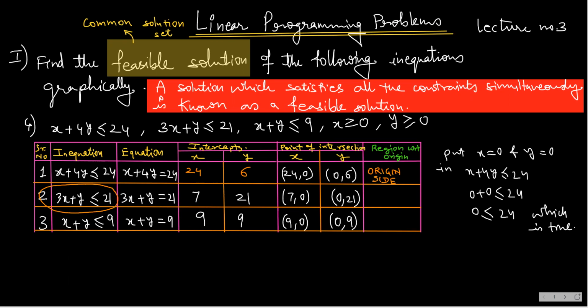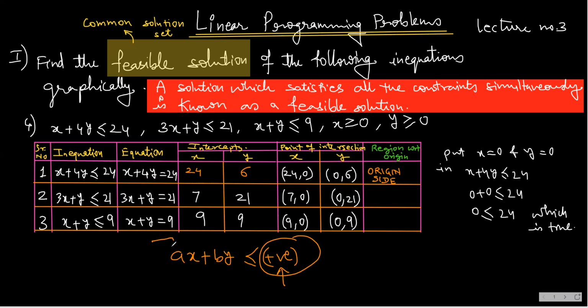I tell you why. Remember, whenever you have any inequation in the form ax plus by less than or equal to a positive number, remember this, then the solution set is always on the origin side.